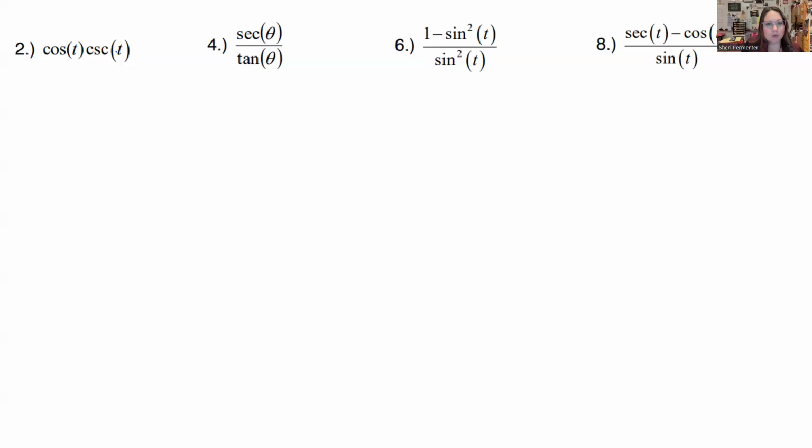This is going to be 1 over sine of t, and you have to use a t because that's the variable they're using for the angle. And anytime I introduce a fraction, I'm going to rewrite cosine as a fraction. I can put it over 1. Well, if I multiplied this, I would end up with cosine over sine.